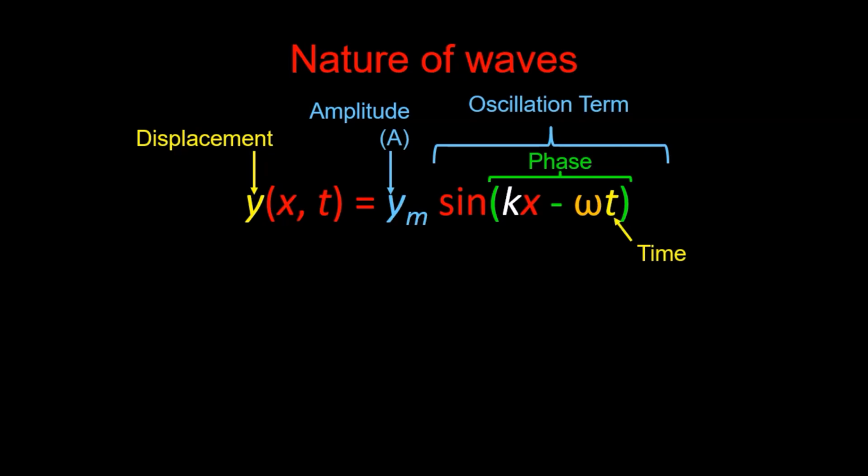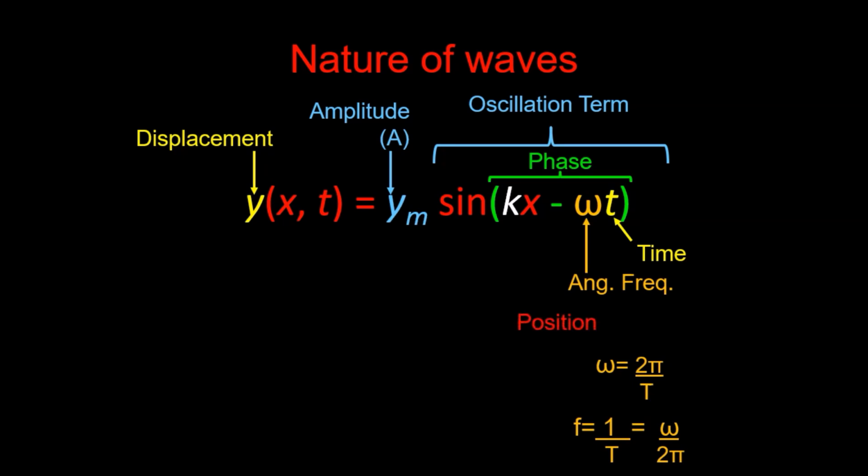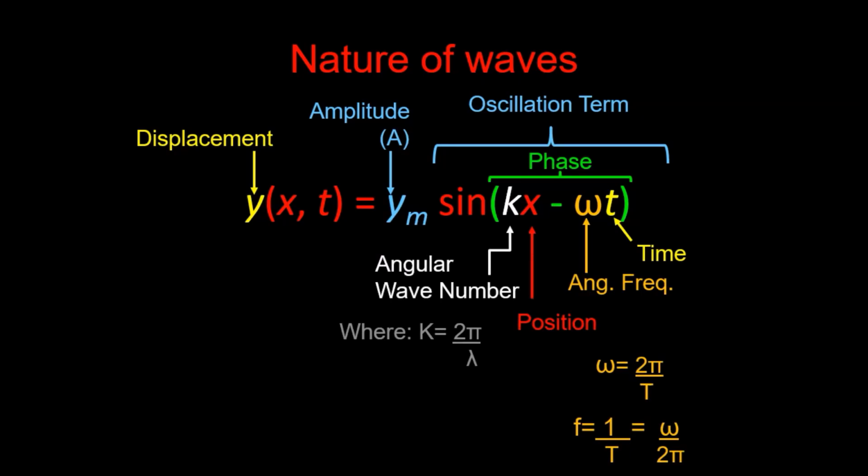Inside this phase we have time, we have the angular frequency, which is given by omega, or f equals 1 over T for the linear frequency. We have position, and we have what's referred to as the angular wave number, k equals 2 pi over lambda, 2 pi being one complete cycle of our wave, lambda being the wavelength itself.